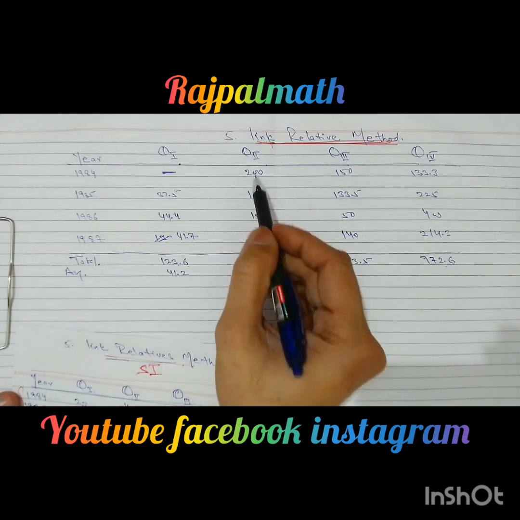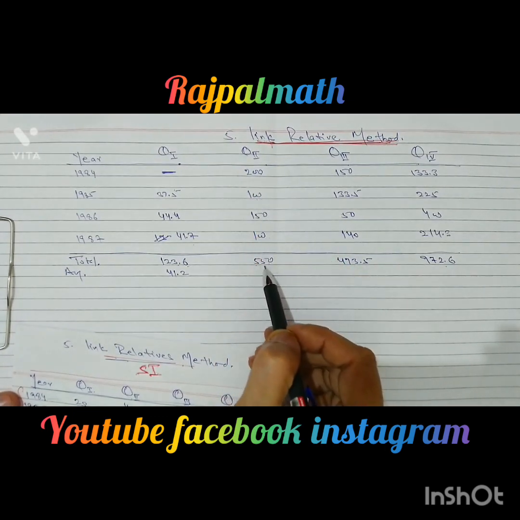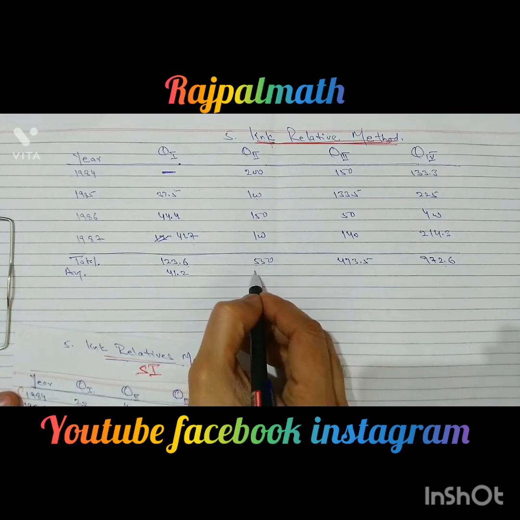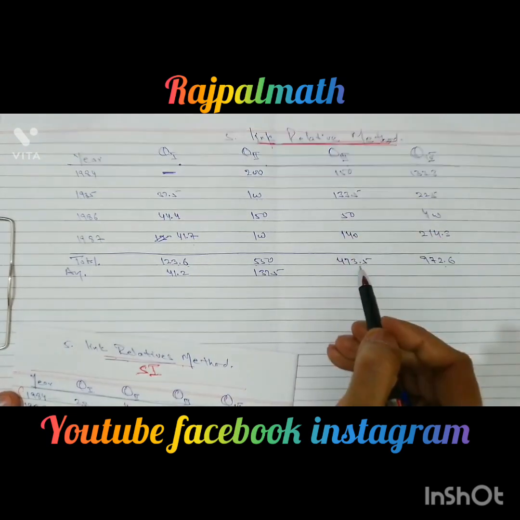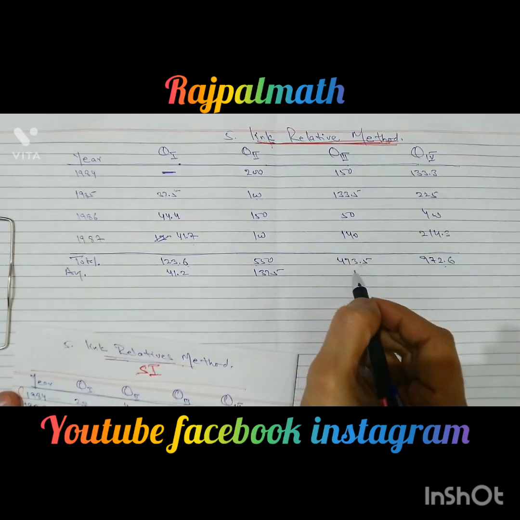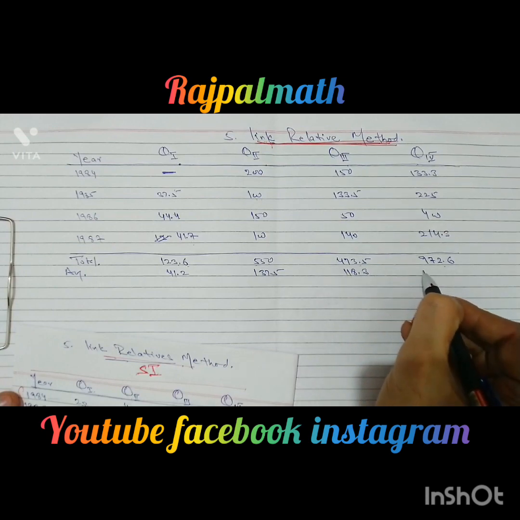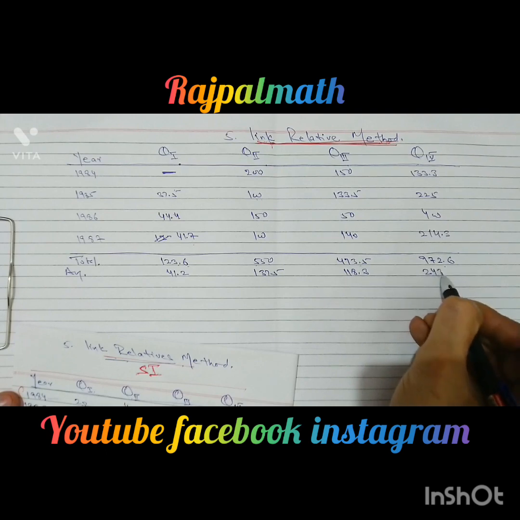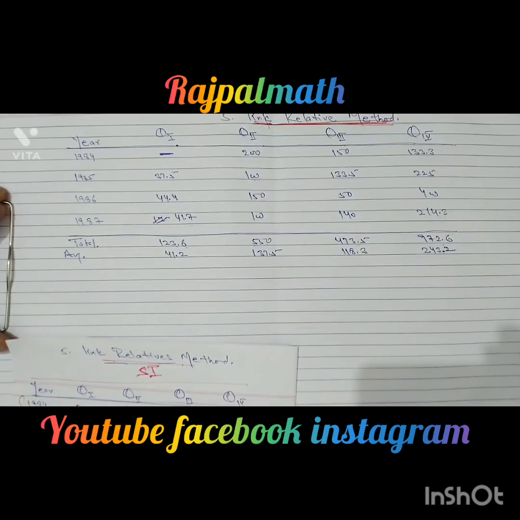This one divided by 4 means sum of 4 terms. 550 is a sum of 4 terms. Therefore 550 divided by 4, we get 137.5. For this again divided by 4, we get 118.3. And for next divided by 4, 243.2. These are averages of LR.